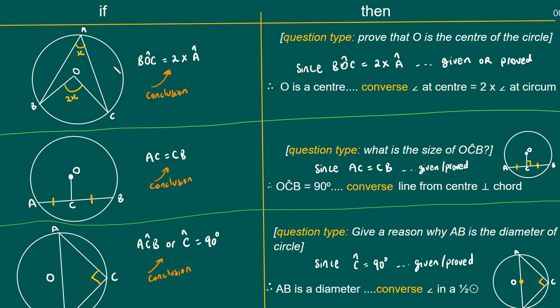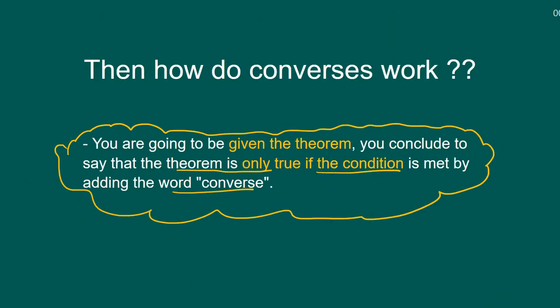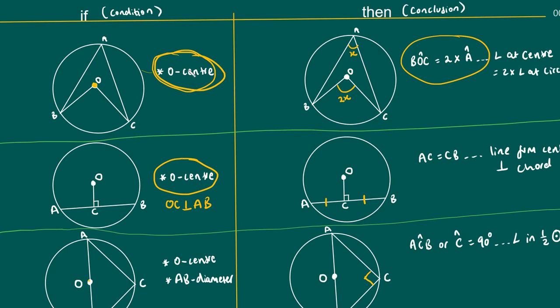So, what I'm saying is this. For a converse, remember at this slide, we said this is the conclusion you make because you have a center there and you have a chord subtending an angle at the center and the very same chord subtending an angle at the circumference. So, you conclude to say the angle that is formed at the center is double the one at the circumference.